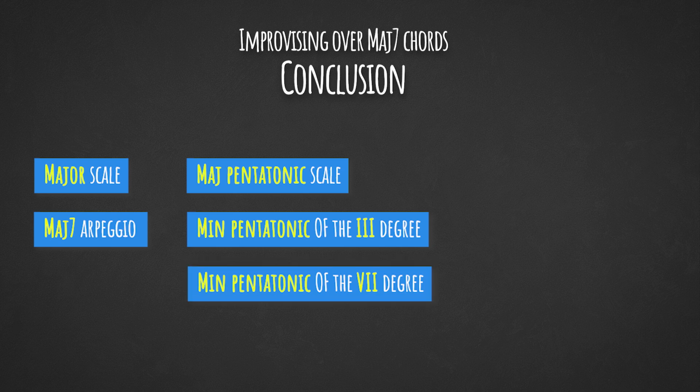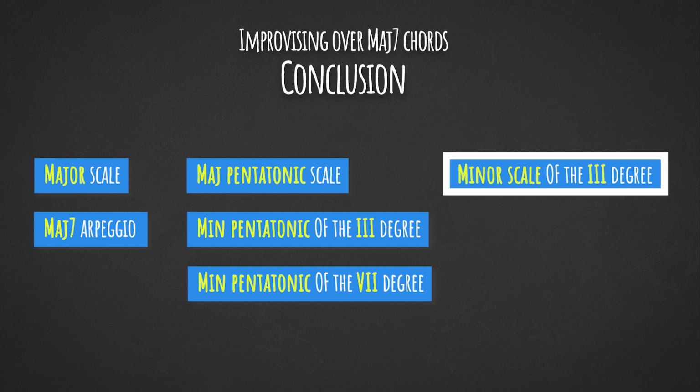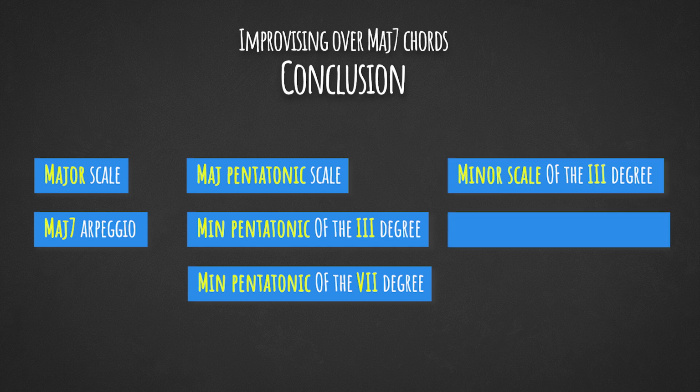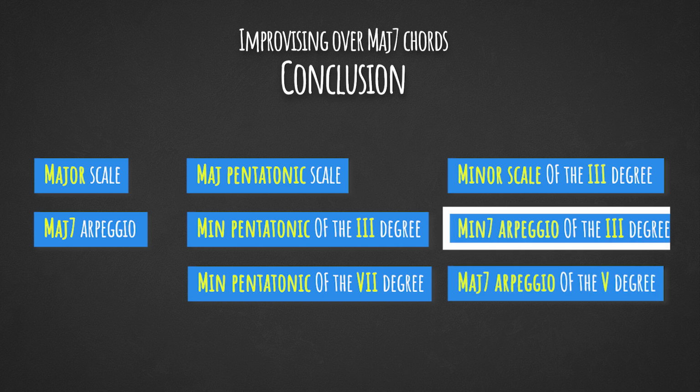With other diatonic scales, like the minor scale of the 3rd degree, we can add a Lydian flavor to our melodies. Playing arpeggios of the 3rd and 5th degree, we alter the sound in yet another way.